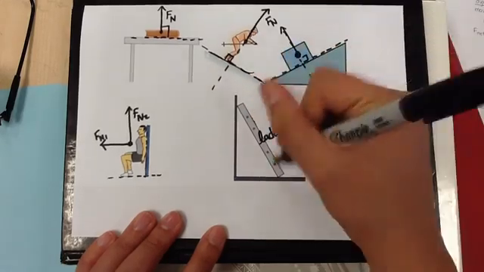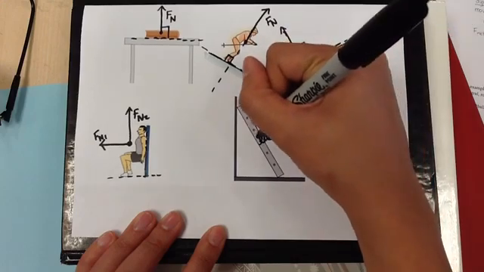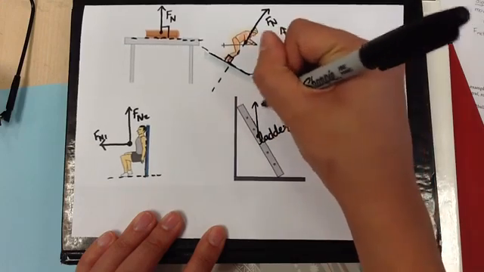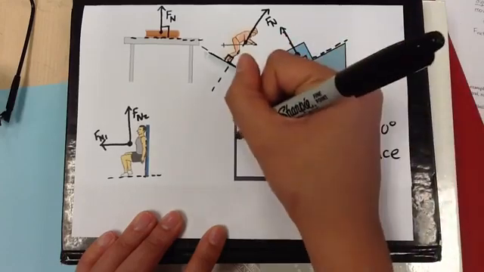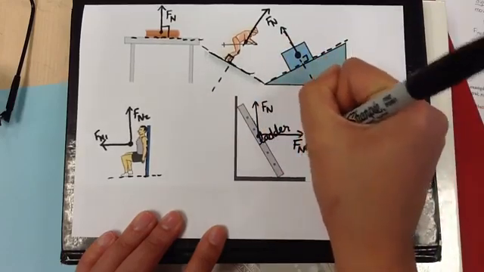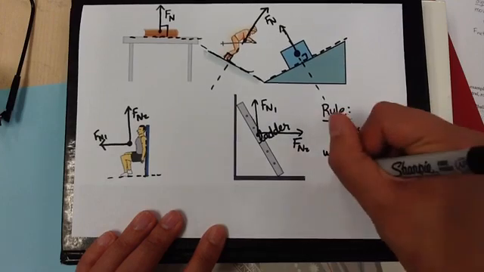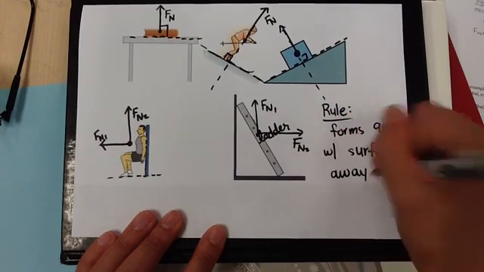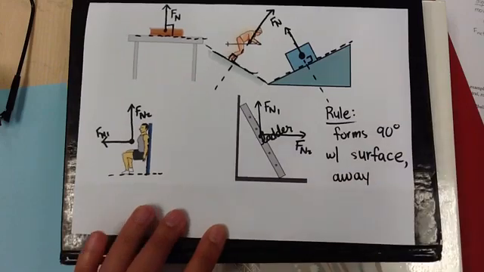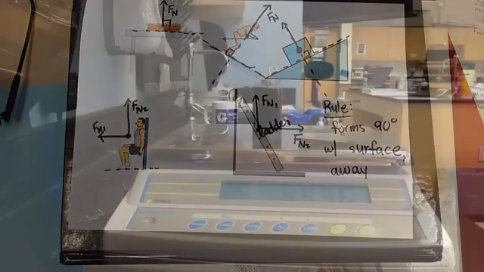The ladder is touching the floor, which pushes it up, and touching the wall, which pushes it out. Okay? So it's always going to push away from the surface. So if you want to write down a good rule, the normal force forms a 90-degree angle with the surface and points away from it.